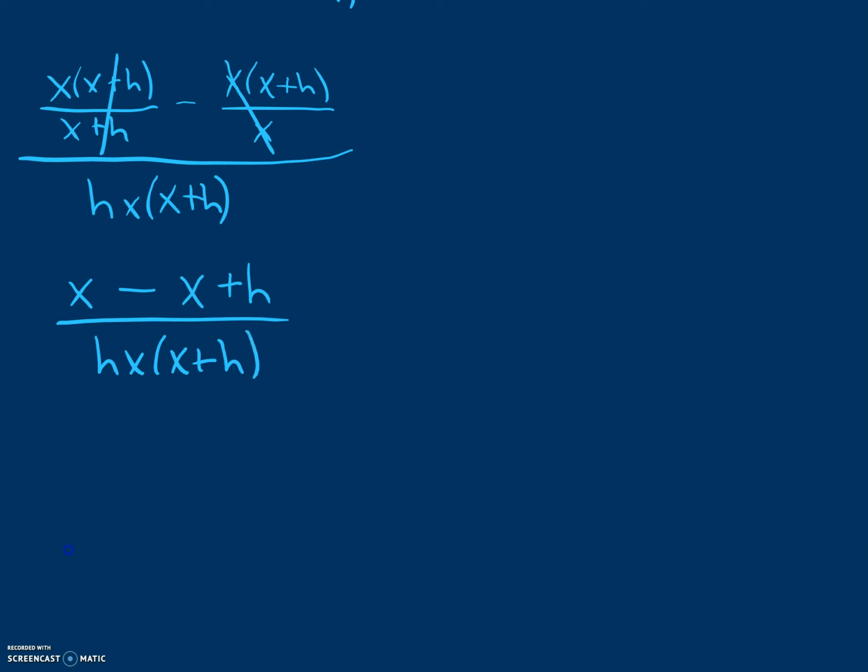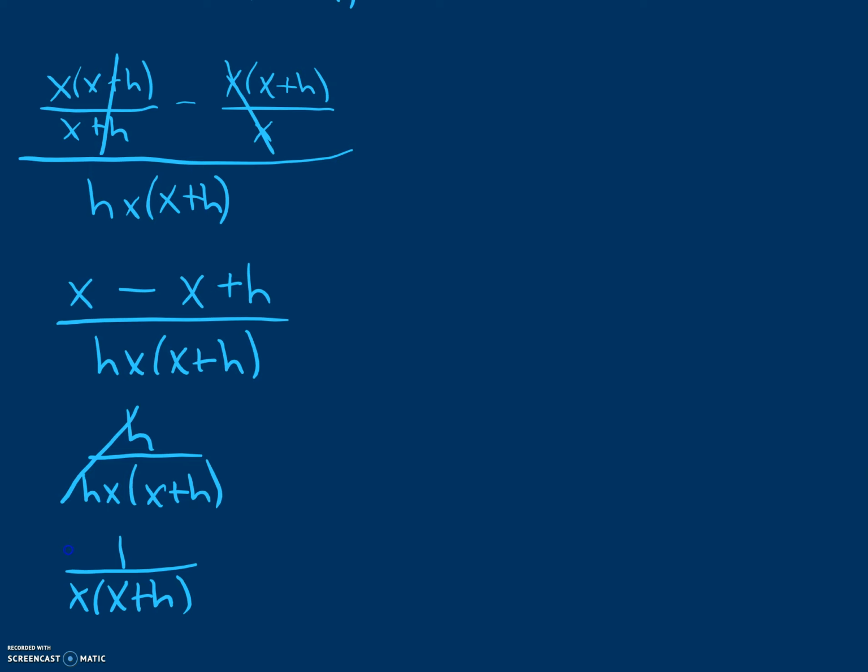Those cancel out. You're left with h over xh times x plus h. Notice again we do have 1. We have 1 over x times x plus h.